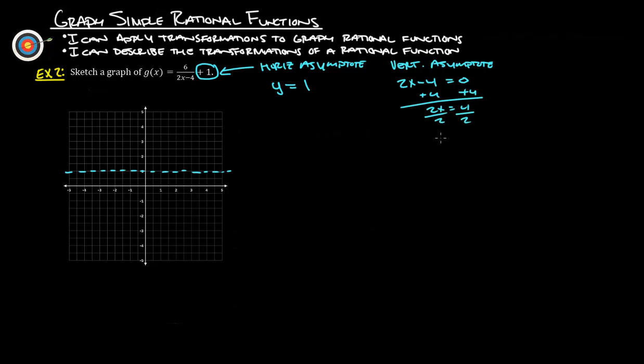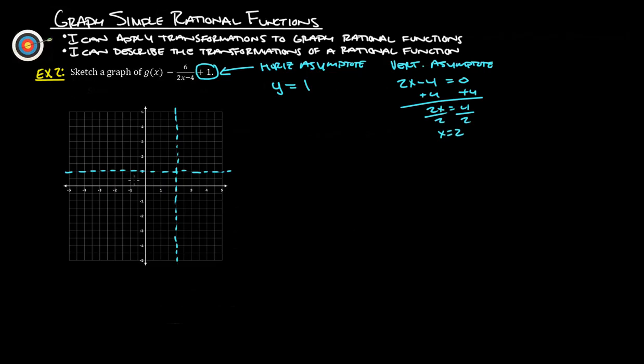Divide by 2. x equals 2. So now we have a vertical asymptote at x equals 2 right here. Oop, started going sideways there. So the graph is going to approach these lines, but never actually reach those lines.